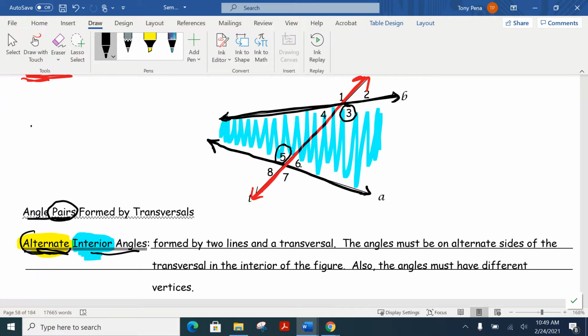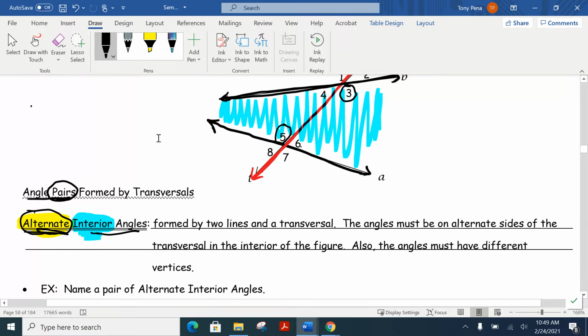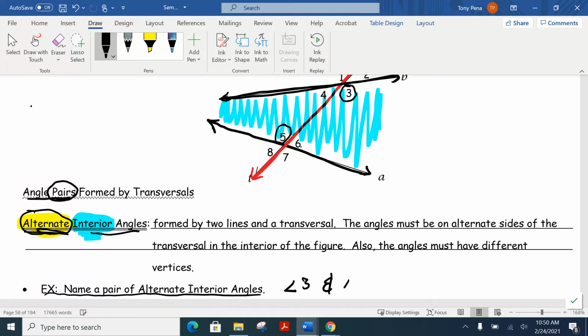That's what the word alternate is referring to. You could almost use the word opposite. So those are on opposite sides of the transversal within the two coplanar lines. So when I ask you to name a pair of alternate interior angles, you would say angle 3 and angle 5 are alternate interior angles.